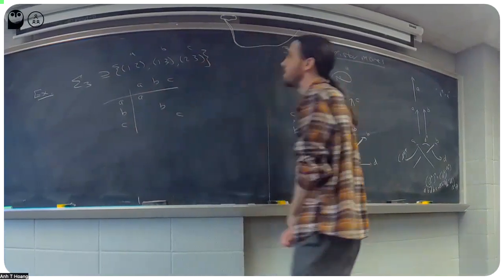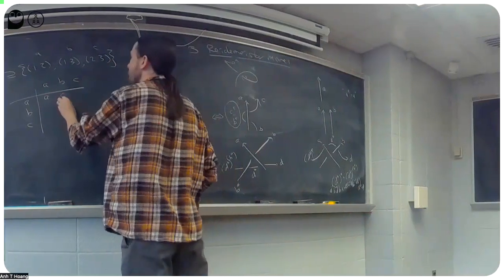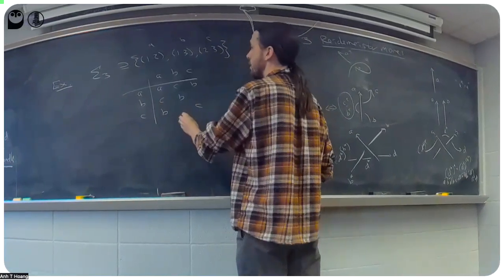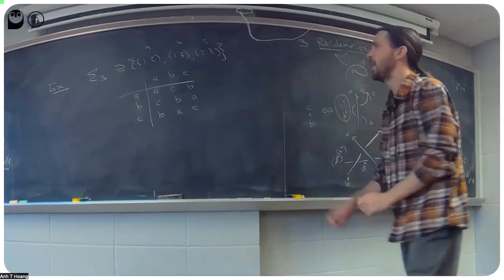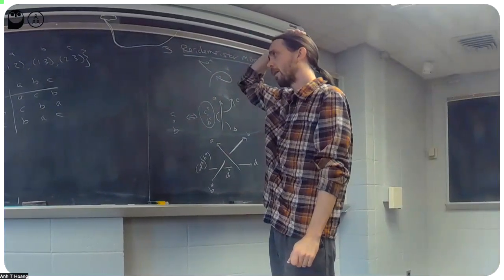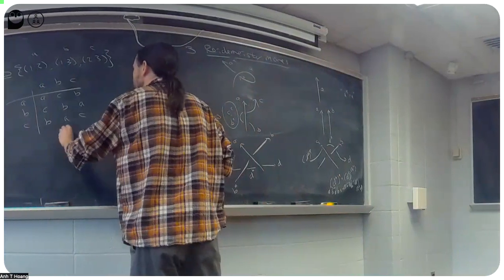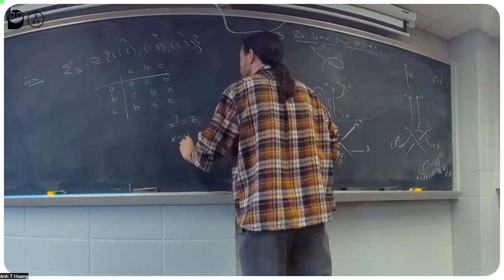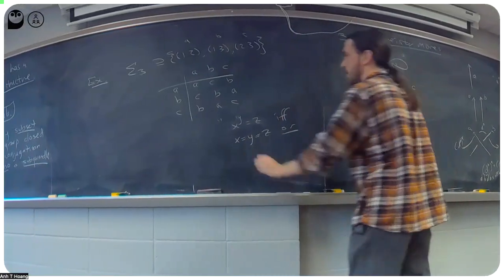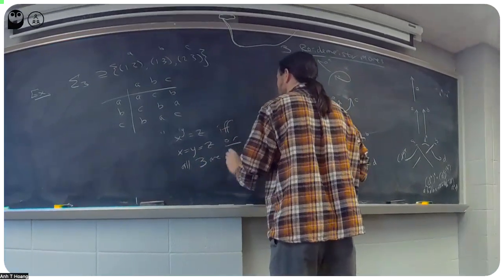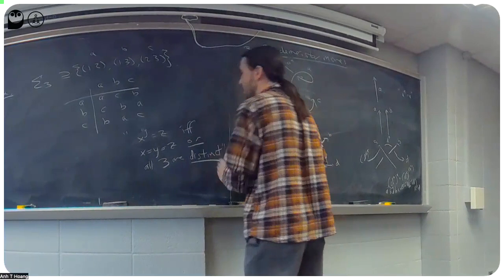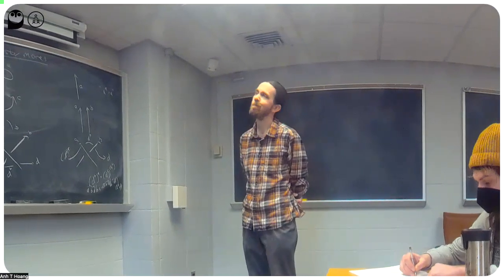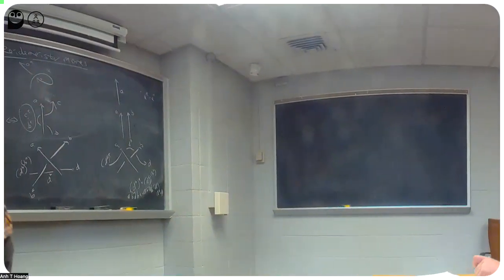Well, everything conjugates itself to itself, and everything conjugated by not itself turns into something else that's not itself. Probably an easier way to remember this is to say X to the Y is equal to Z if and only if X equals Y equals Z, or all 3 are distinct. So this is a very specific quandle that lives inside the symmetric group on 3 letters.